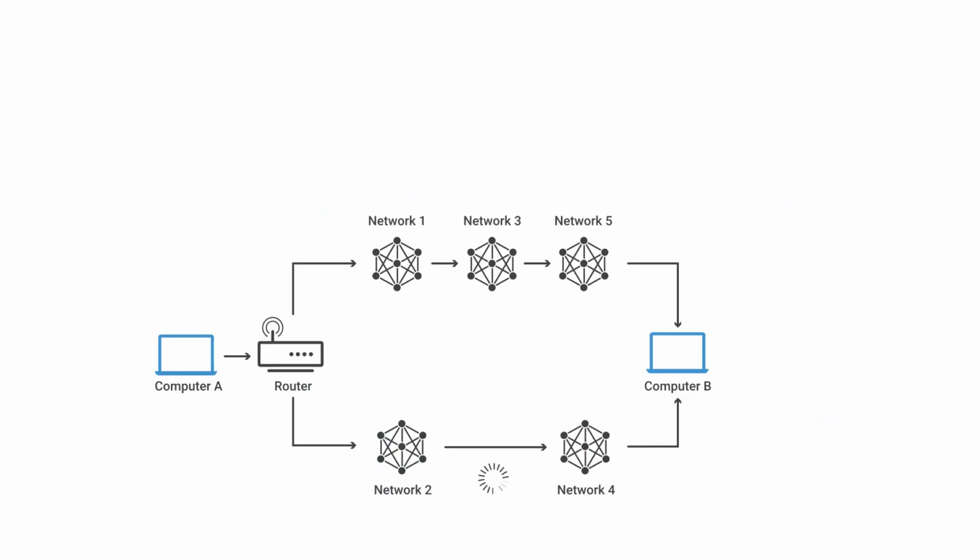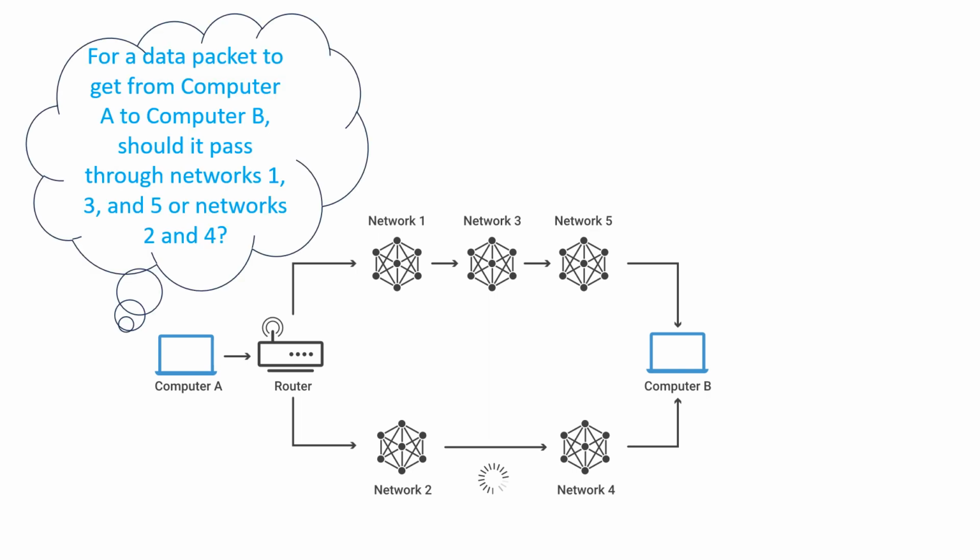But before going to that, we can consider a scenario where we have a computer A and a computer B, and the networks network 1, 2, 3, 4, and 5. For a data packet to get from computer A to computer B, should it pass through network 1, 3, and 5, or should it pass through network 2 and 4?